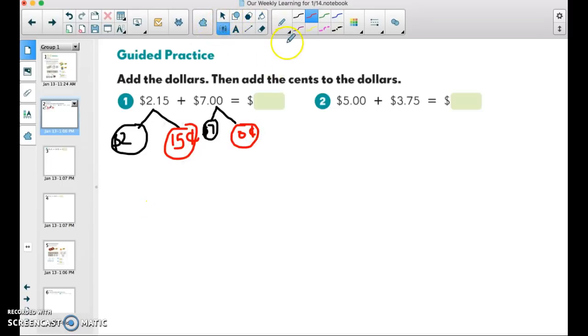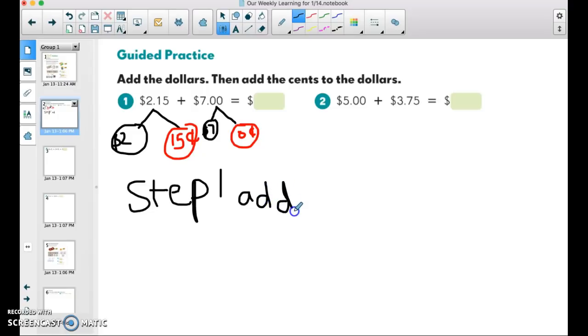I'm going to do step 1. Step 1, you want to add the dollars. So I'm going to go back into my problem and add my dollars first.